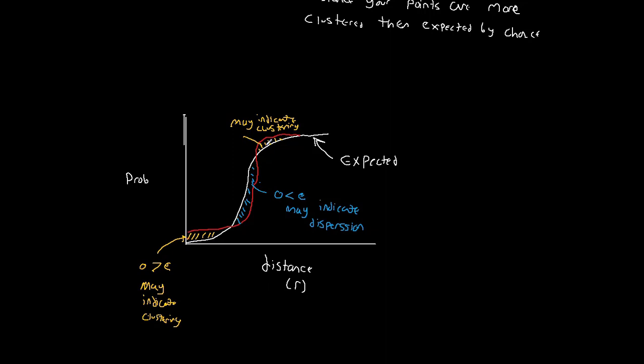When we talk about this with real examples in R, they'll actually give us some p-values that say whether or not these are statistically significant. But when you see these sorts of disparities, that's an indication that you may have clustering if your value is greater than expected, or you may have dispersion if your value is chronically less than it. So hopefully that makes sense.